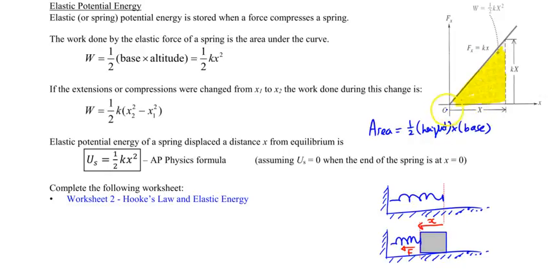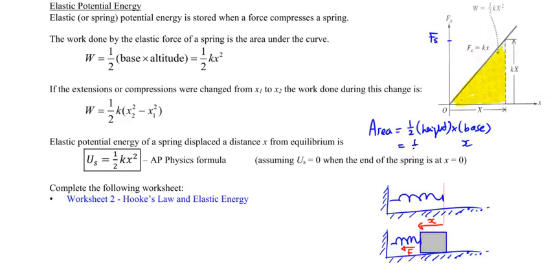And you can see if I stretched it a distance x, the base would be x, and the height, if you recall, at that position of x, right here, that force would be the spring force. And the spring force is equivalent to kx.